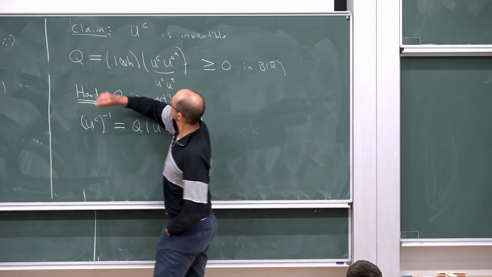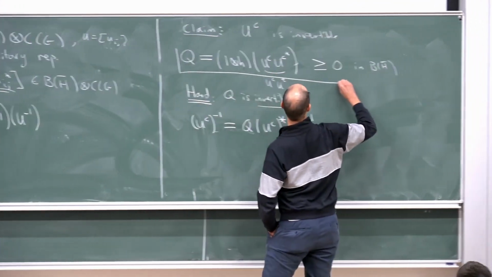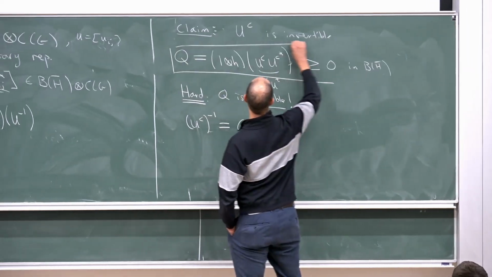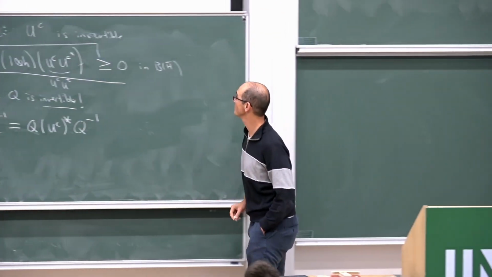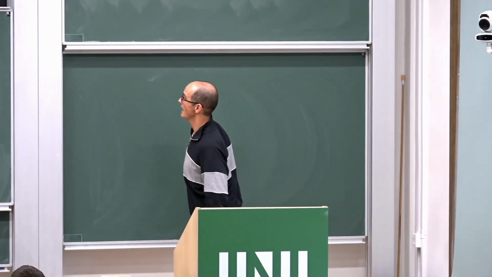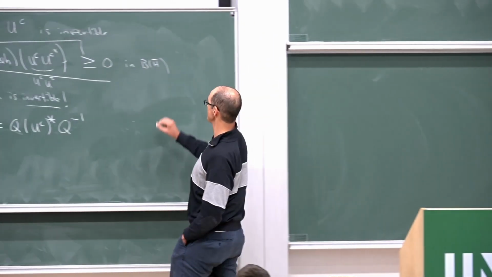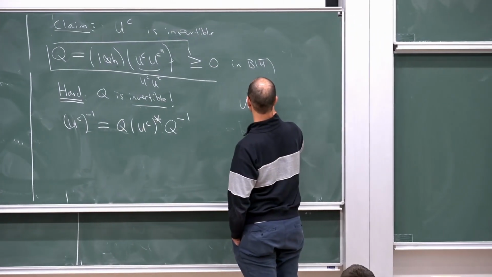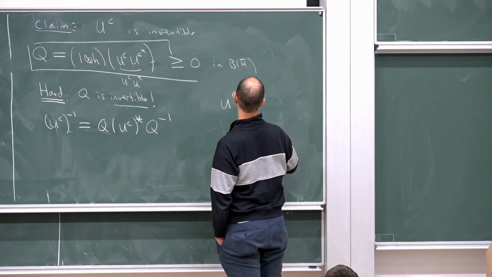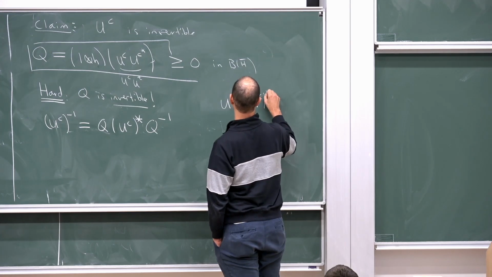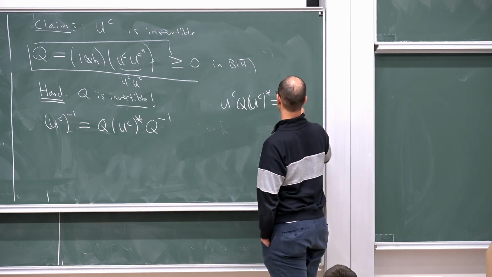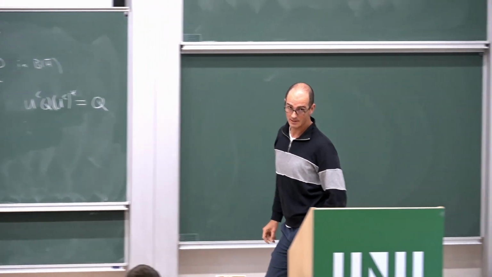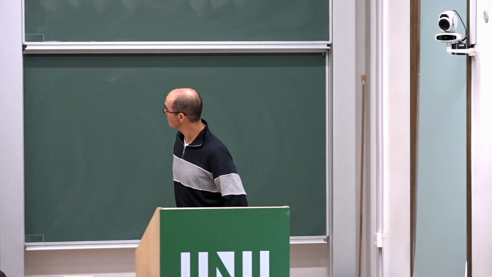Part of the argument is using this averaging trick. So you're averaging UU star, and what this will give you is that UC Q UC star is equal to Q. You get equations like this.